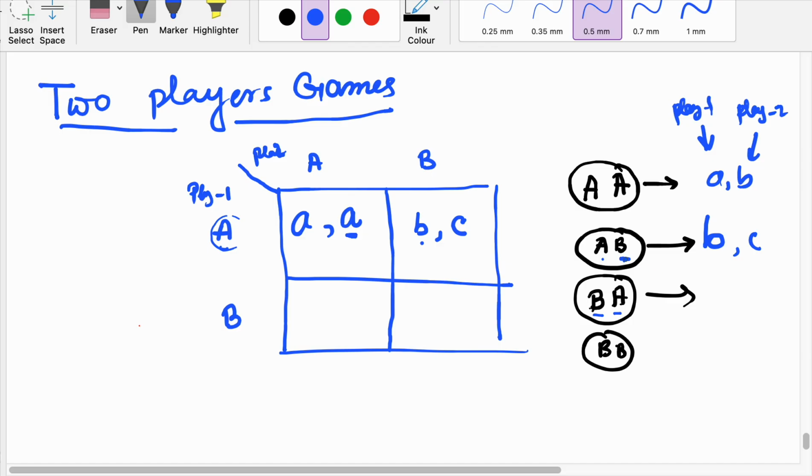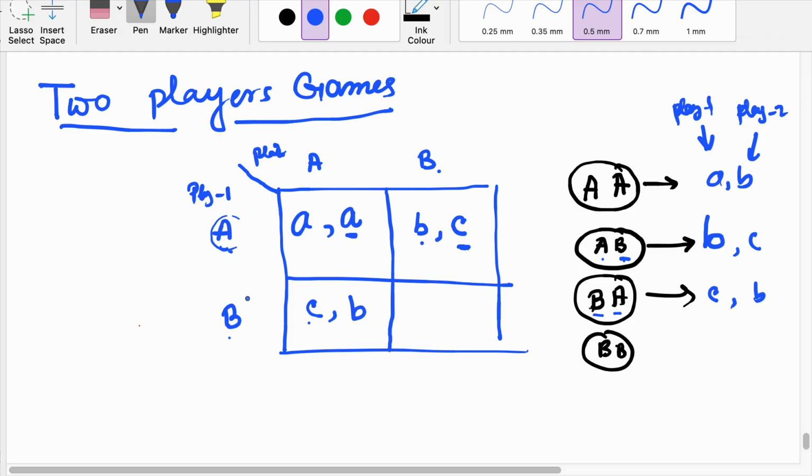I will get the payoff that you got when I was playing A. When I play B and you play A, I will get the same payoff as when you play B and I play A. Similarly, the first player should get C here, and the other player should get B. Yes, it is clear.